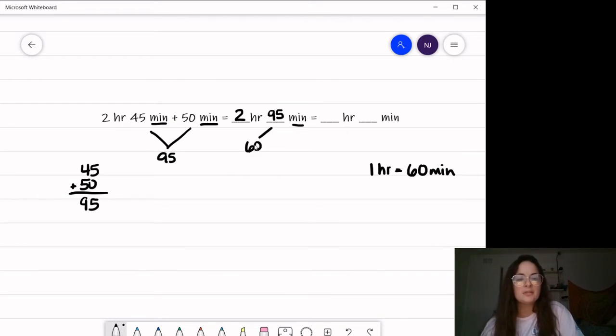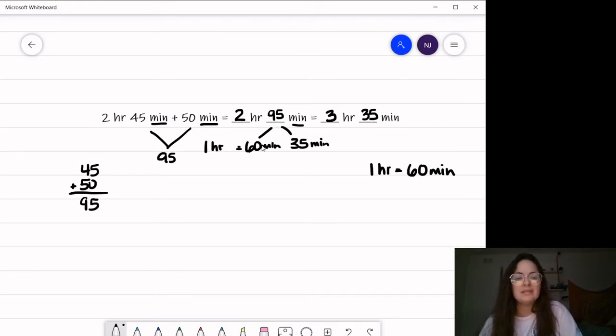So I'm going to pull out 60 minutes, which is equal to 1 hour, and what's left over after I pull out my 60 minutes? That's going to be 35 minutes. That's not enough to make another hour, so I'm going to make sure to add on the hour that I was able to create onto the hours I already have. So now I've got 3 hours and 35 minutes as my final answer.